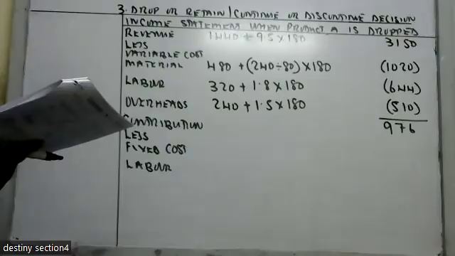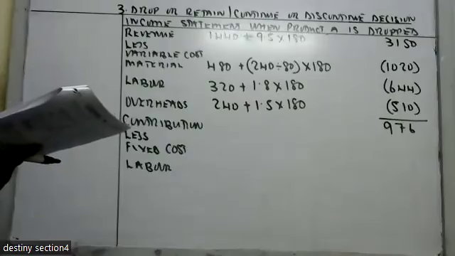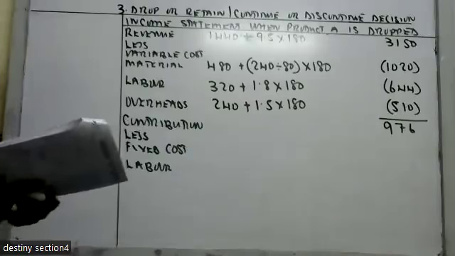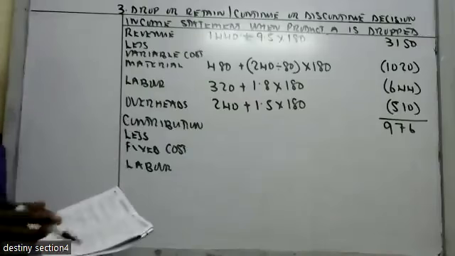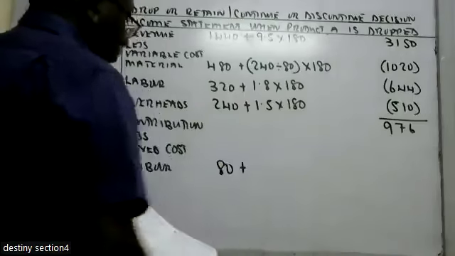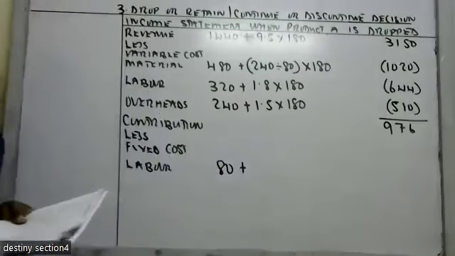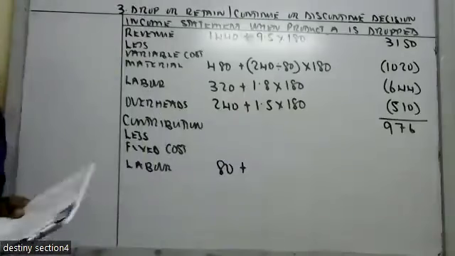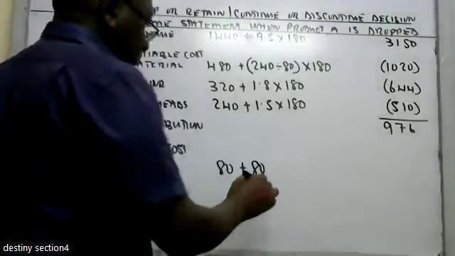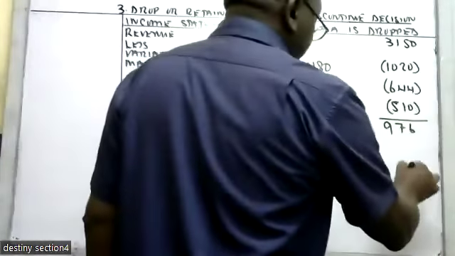So that means tutabaki na fixed labor cost ya B. Ikuwa ngapi? 80. Alafu kuna ya C, na C tumefanya new working, new fixed cost for C. Imekuja 80 again, so that will be 160.